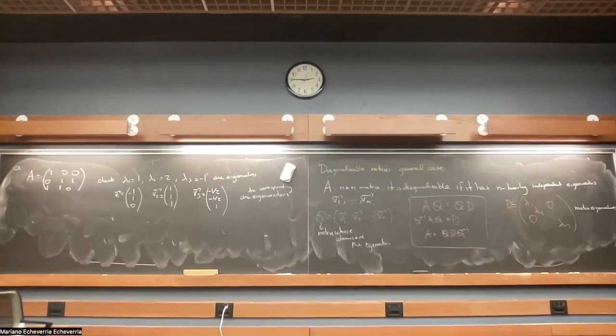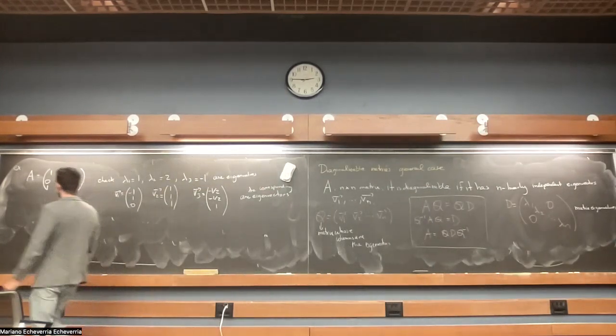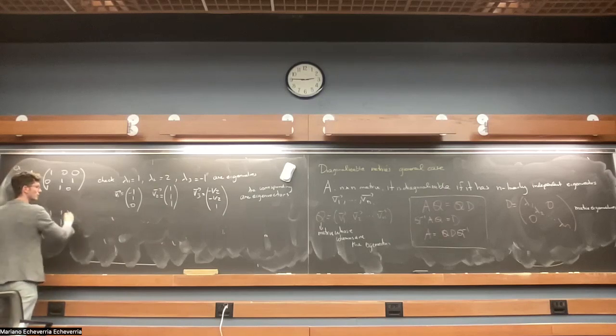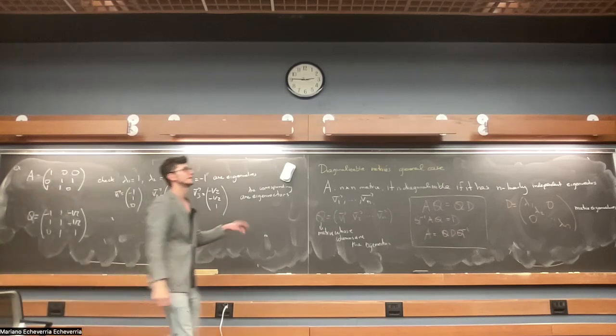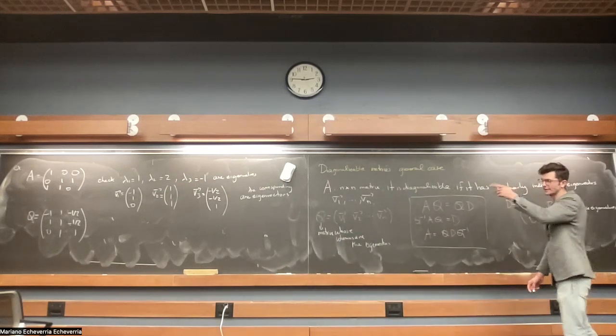Okay, so here you would build the matrix Q, which would be -1, 1, 0, 1, 1, 1, -1/2, -1/2, 1. What I'm trying to say is that if you want to do the work on your own, you can find the inverse of that one.